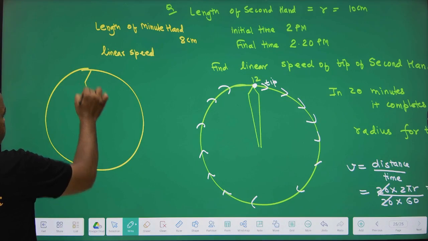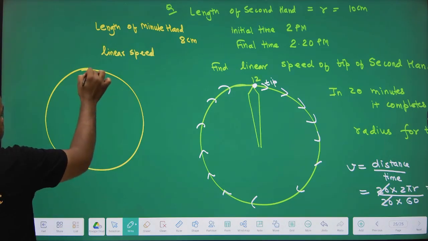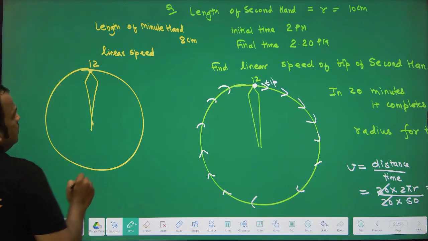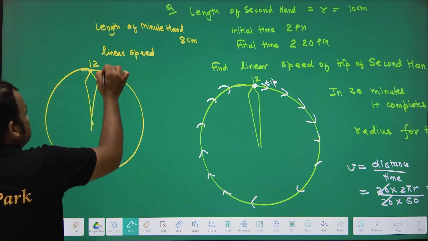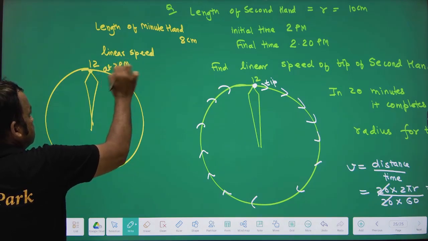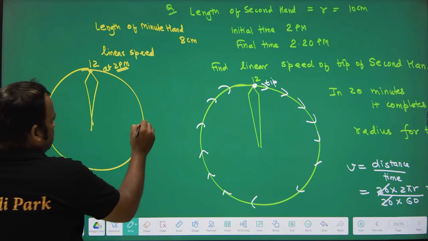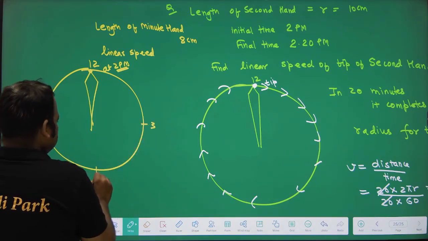So at 2 p.m. the minute hand tip will be at 12. And when the time is 2:20 p.m., the tip will be at 4.